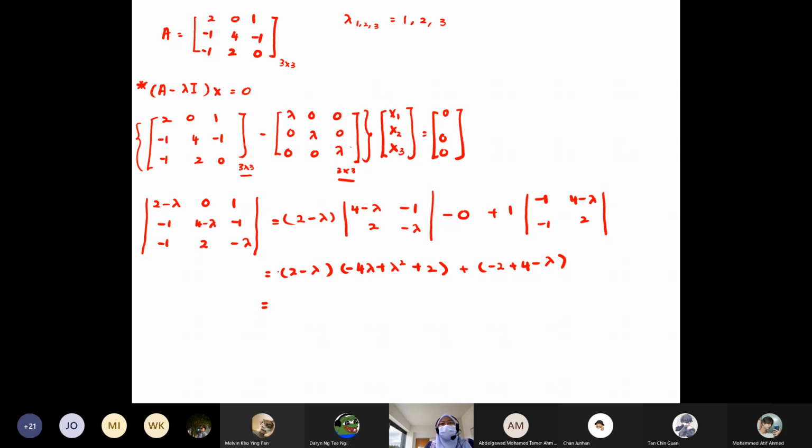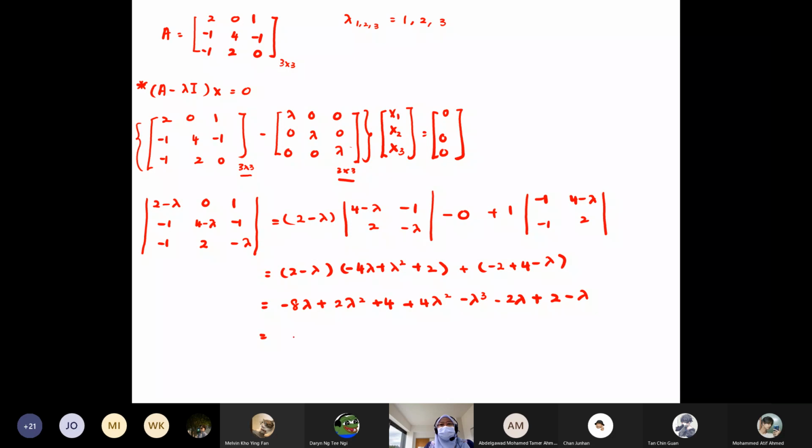So we simplify here. We will have minus lambda, minus 8 lambda, plus 2 lambda squared, plus 4, plus 4 lambda squared, minus lambda cubed. So this one should be plus 4 minus 2, 2, minus lambda.